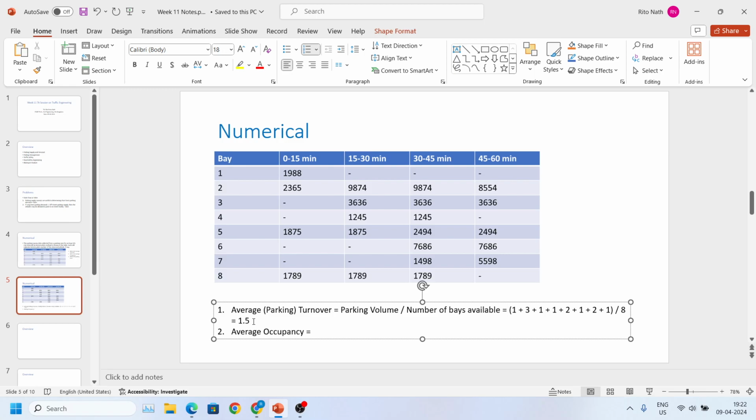So in the slides, I think you will find it in one of the example problems. There, this relation is written: sum of occupancy of each time interval divided by number of time intervals.